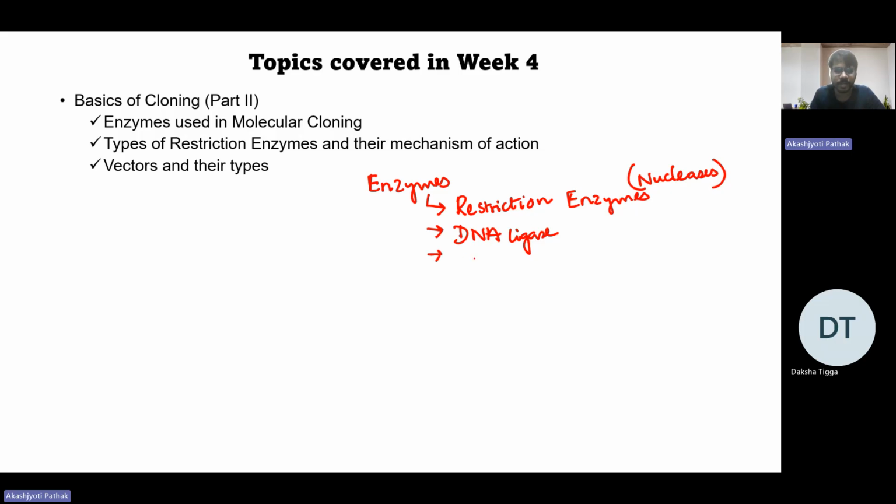Then there are enzymes like phosphatases, alkaline phosphatases, isn't it? Then there are enzymes like kinases. Other than this, any other enzyme which you can recall?